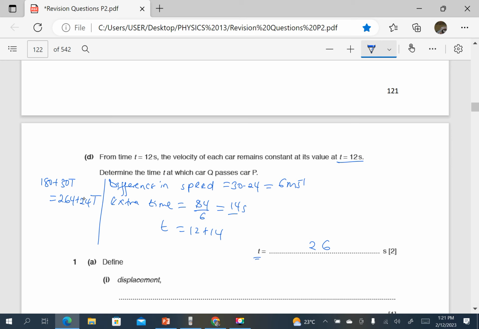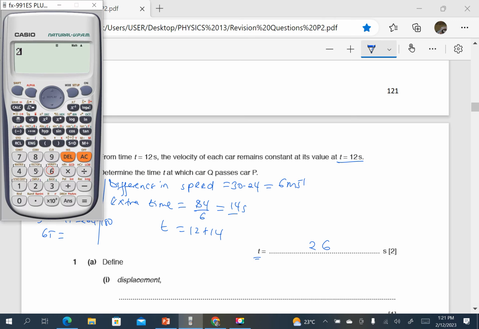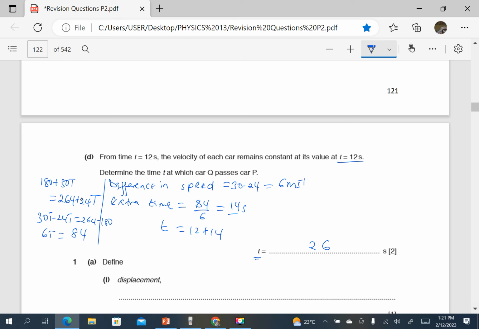So that means we can now solve for t. Collecting like terms, on one side we have 30t minus 24t, on the other side we have 264 minus 180. So 6t is equal to 264 minus 180, which is 84. 264 minus 180, I think that is 84.